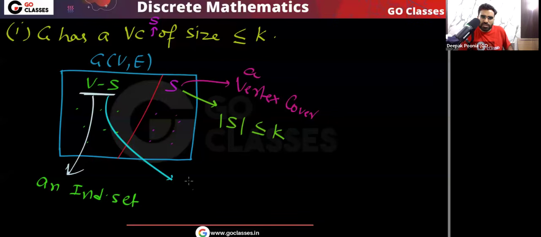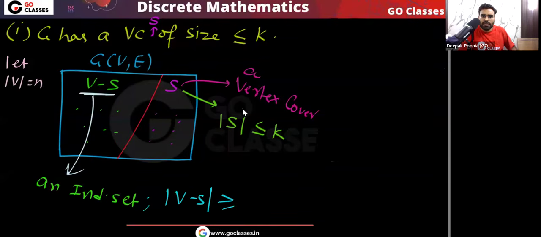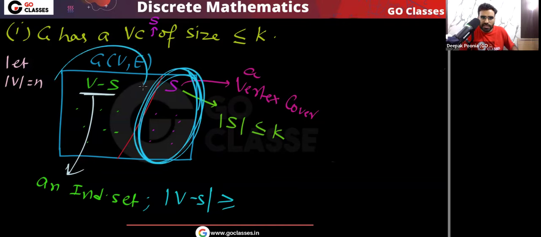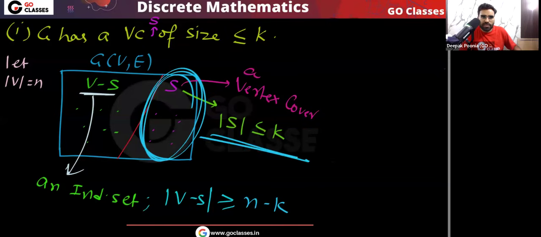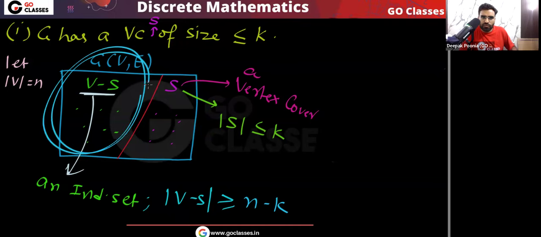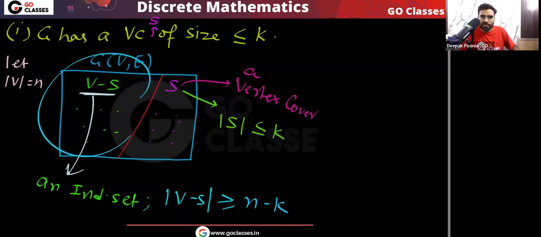This is a very easy point: S is a vertex cover with size less than or equal to k, so if this area has at most k vertices, then the remaining area will have greater than or equal to n minus k vertices.